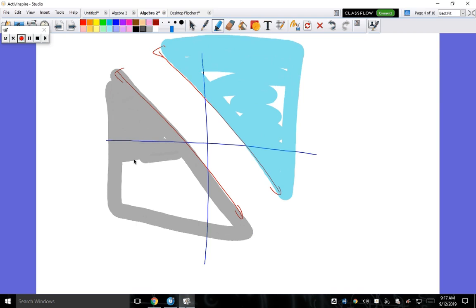So I stand corrected. Marcus is absolutely correct. You would have no answers on this one. Because the answers are where those cross, or where those would overlap and shade together. Okay? Here's what I'll say, Marcus. I've never seen one like that. But you are absolutely right. If you had one like this, it would be no solutions. Okay? Alright, so let's go back.